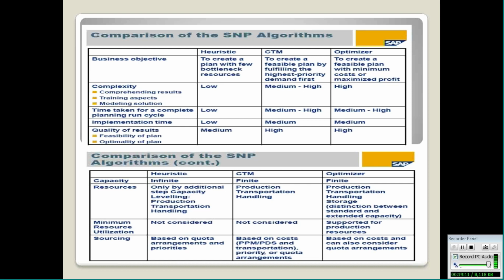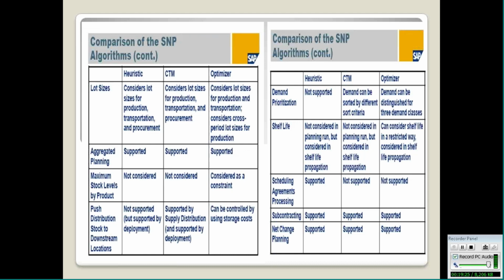The quality of the results: heuristic is medium, CTM and optimizer are high. Heuristic is doing infinite planning, and CTM and optimizer are doing finite planning. So these are some of the differences between the 3 engines.